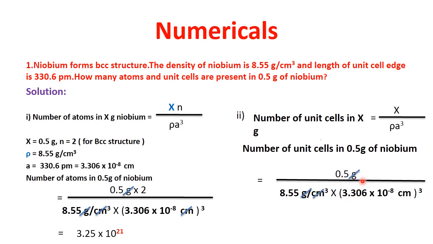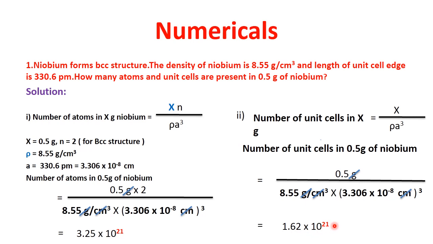Then cancel gram with gram, centimeter cube. Then on solving you will get 1.62 into 10 raised to 21. It means that the number of unit cells in 0.5 gram of niobium is equal to 1.62 into 10 raised to 21.